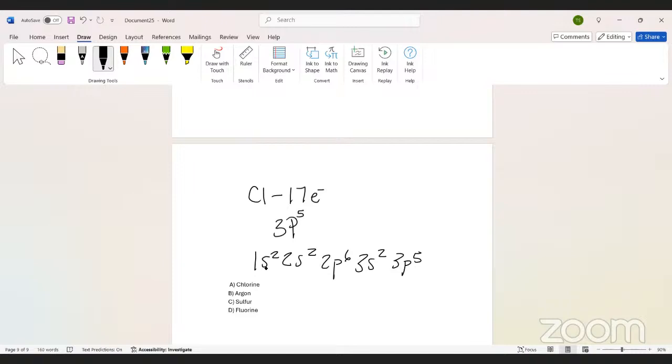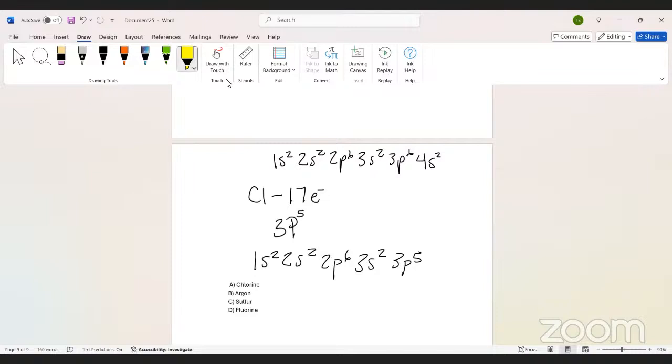Another thing that I tell my students: if you memorize the electronic configuration, 1s2, 2s2, I'm going to write this out so you can see what I'm talking about. This is another thing that will help you.